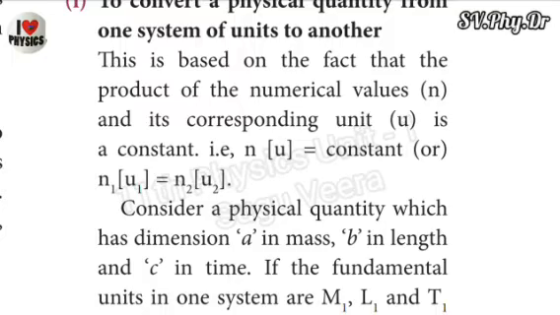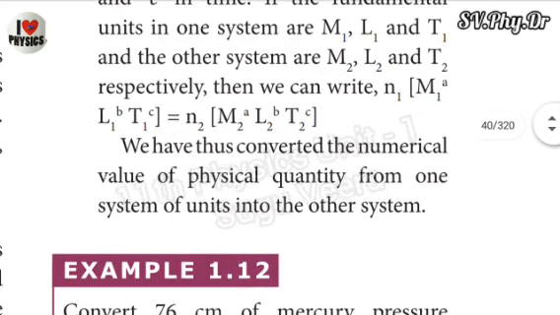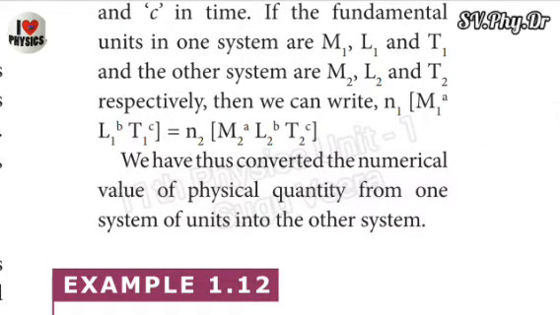Consider a physical quantity which has dimensions a in mass, b in length and c in time. If the fundamental units in one system are M1, L1 and T1 and in the other system are M2, L2 and T2, then we can write n1[M1^a L1^b T1^c] equals n2[M2^a L2^b T2^c].